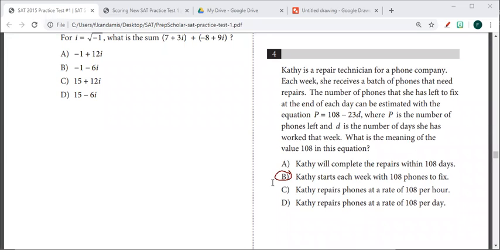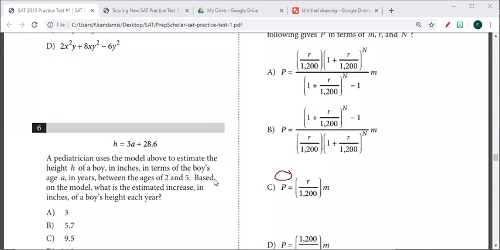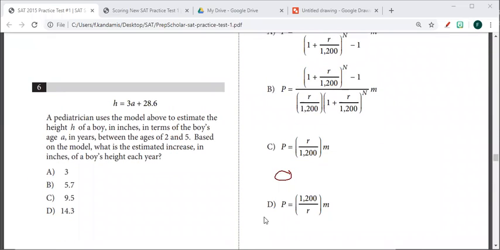Next question is question 6. Let's try to find question 6. Question 6 is here. Again, a linear equation. A pediatrician uses the model above to estimate the height of a boy in inches in terms of the boy's age A, in years, between the ages 2 and 5.